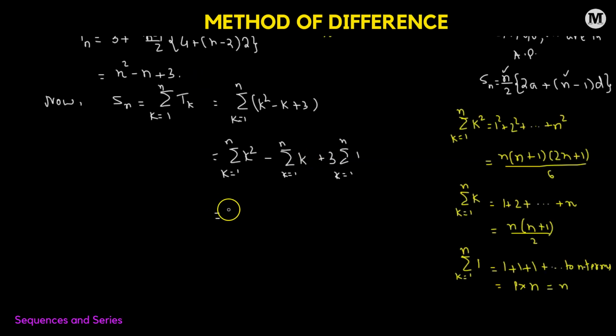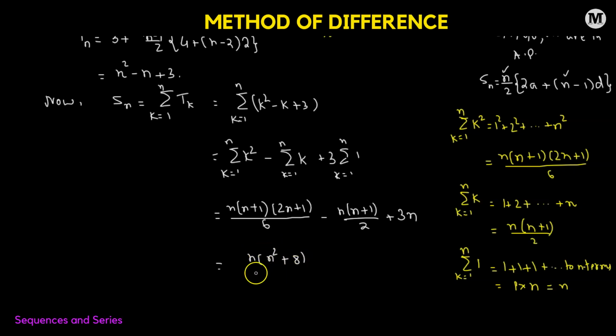So we have n multiplied by n plus 1 multiplied by 2n plus 1 whole divided by 6 minus n times n plus 1 divided by 2 added to 3 times n. Okay, so we're going to combine all of them, and that's finally going to give us n multiplied by n squared plus 8 whole divided by 3. So this is going to be the sum to n terms.